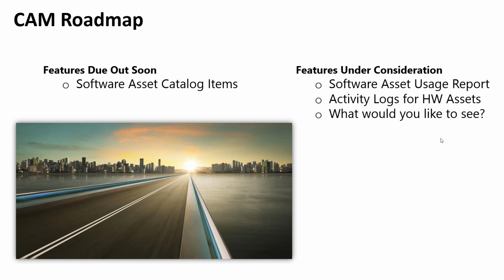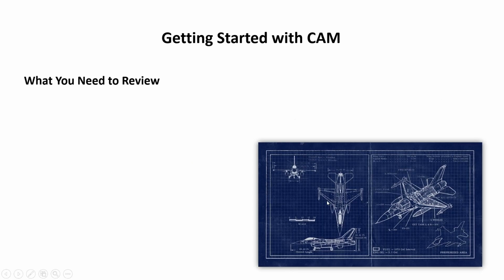These suggestions that you see, we are looking to add, which is software asset usage reports, which is going to be very, very beneficial, as well as activity logs for hardware assets. I know that that's a common request that we get, so we're looking to add that capability. And then again, what would you like to see? Please do provide suggestions on the CyberSyn community portal. We do appreciate that. And let's go ahead and move this slide.